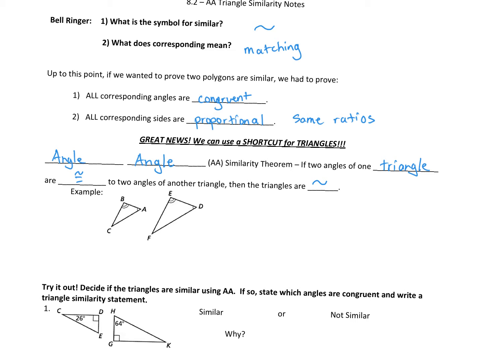If we only need to have two, we can say, oh, with those two, they're similar. Like from here, angle B is congruent to angle E, and angle A is congruent to angle D. From that, we can say that triangle ABC is similar to triangle DEF.